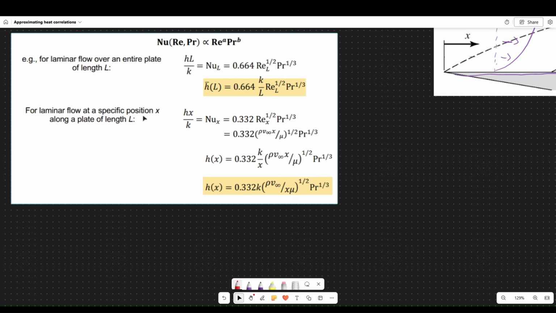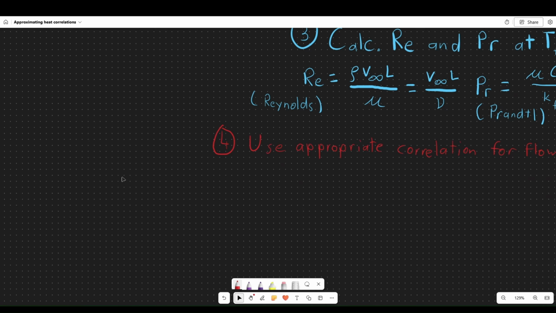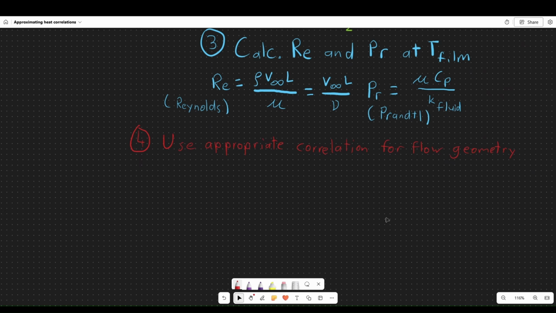This is for a plate, but essentially you calculate the Nusselt number. So I'll tell you what the Nusselt number is. The Nusselt number is basically equivalent to the heat transfer coefficient times the length divided by K fluid.